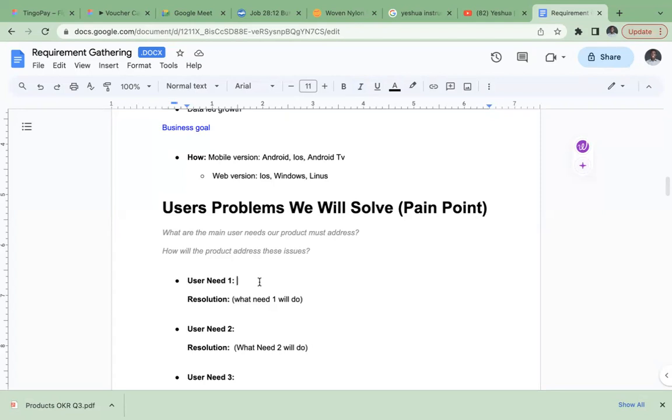So let me say in the lack of cash era, we suffered from less available cash. That's one.